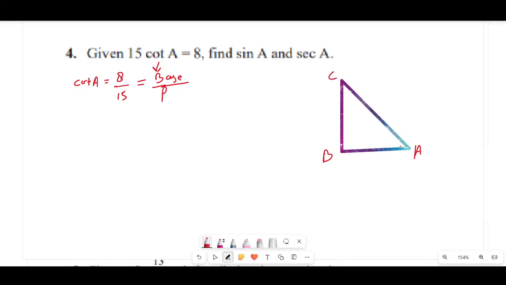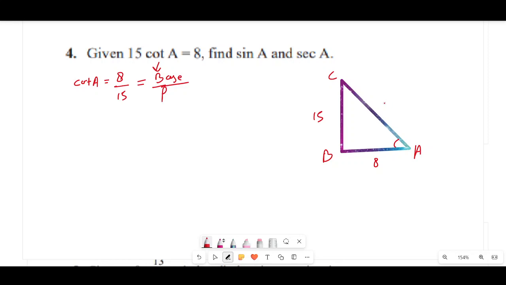Now for cot A, base is 8, and this is 15, base and perpendicular. Clear? This is the perpendicular.